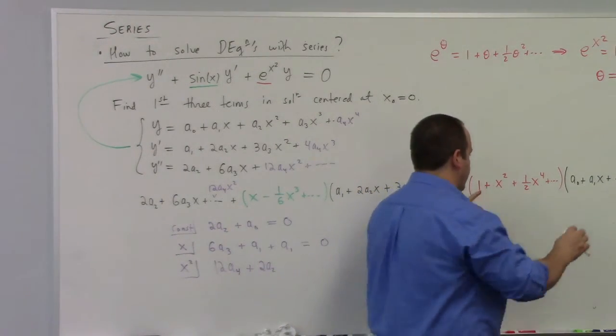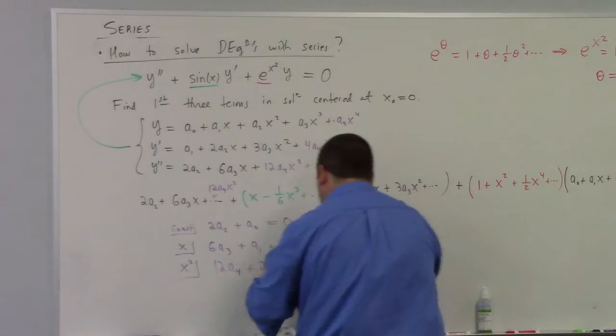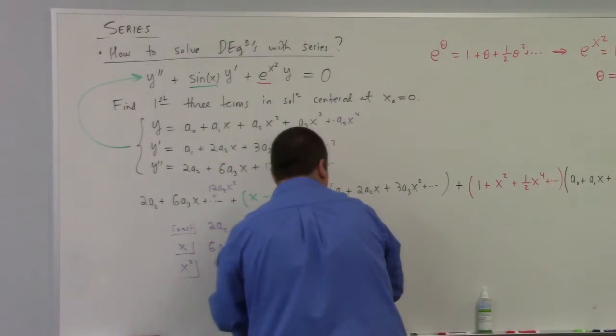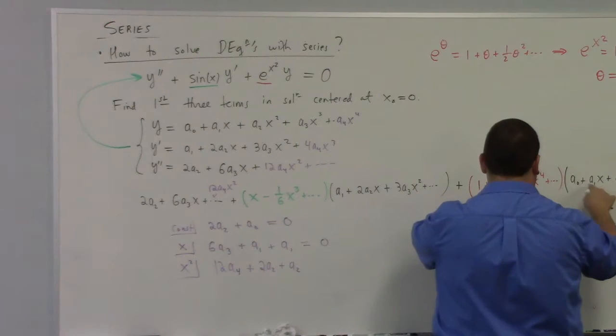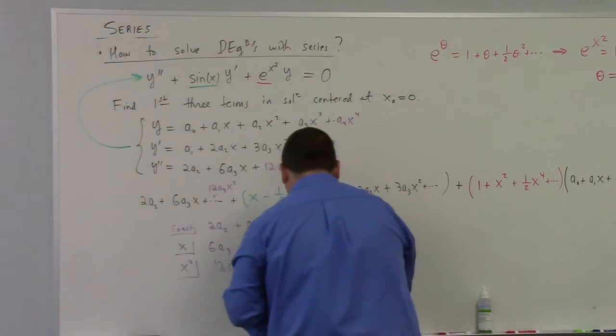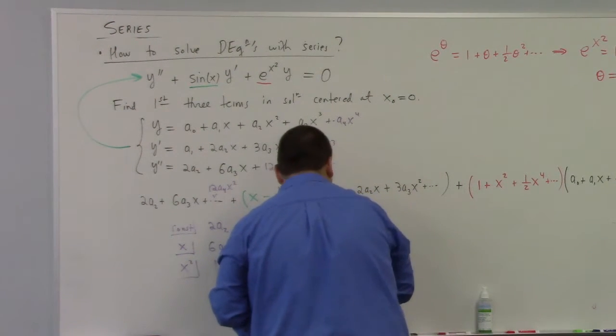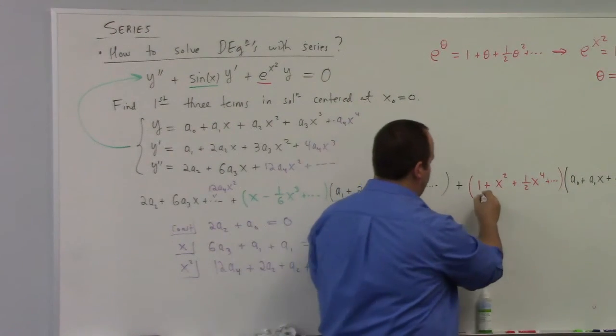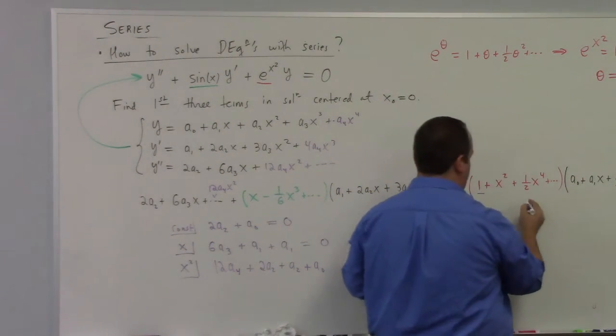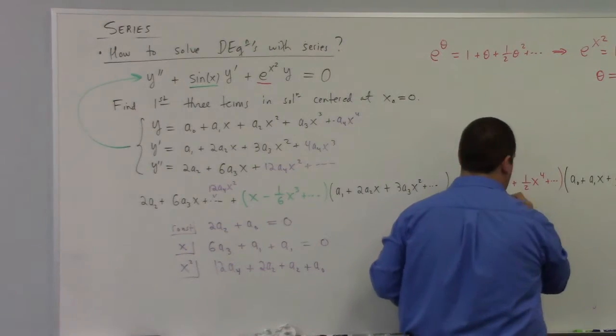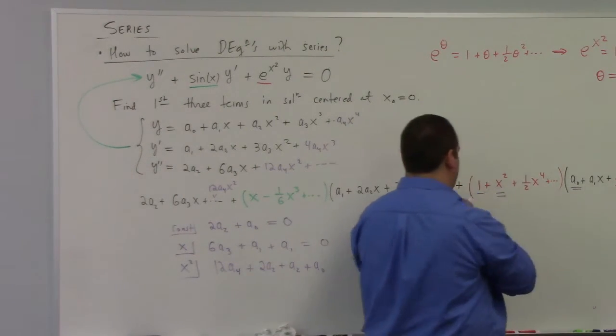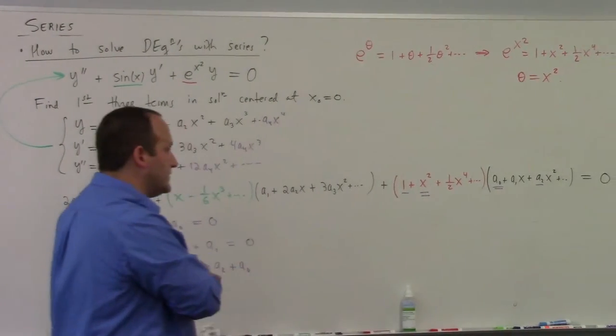Over here, I have a2. I have a naught. Anything else? I see I got this times that, and I've got this times that. Is there any other way to get x squared from that product?